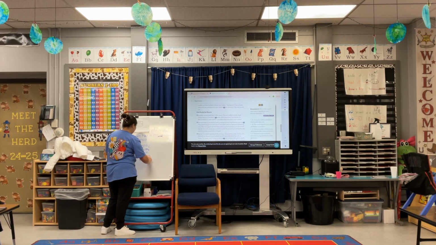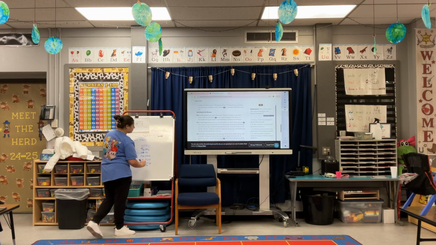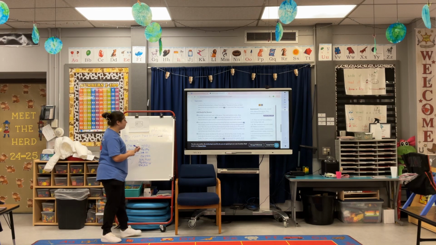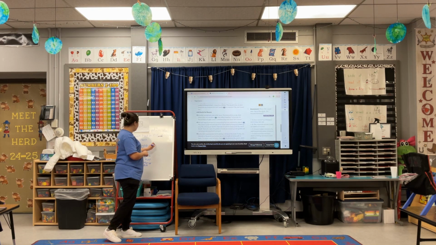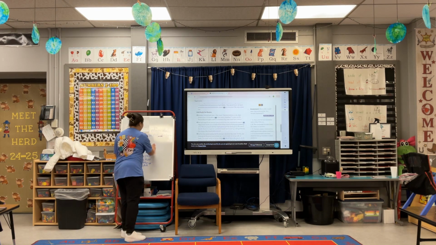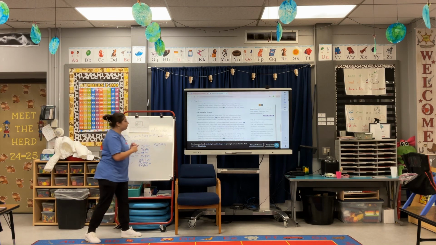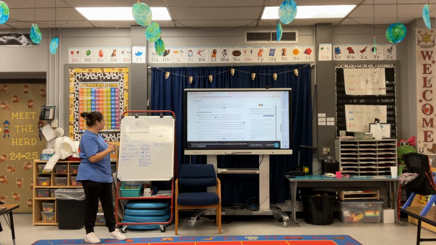To pull. Could be a supporting detail for this. Got the string.